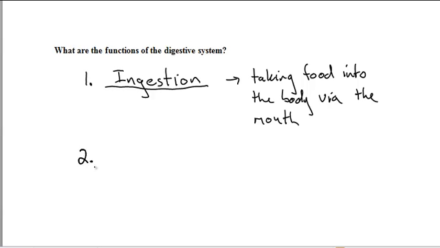Then, what do you do with that food? Hopefully, so you don't choke, you chew it a bit. And that is the first step of digestion that most people think of.